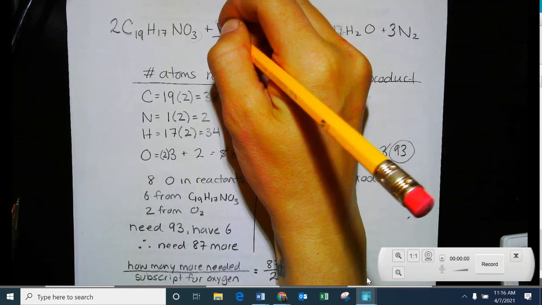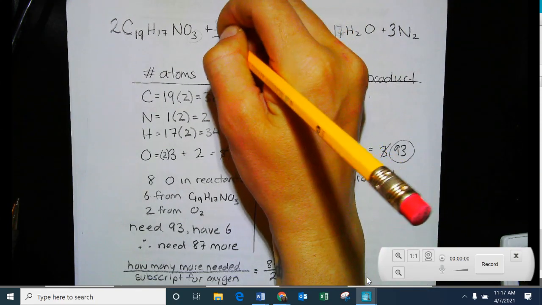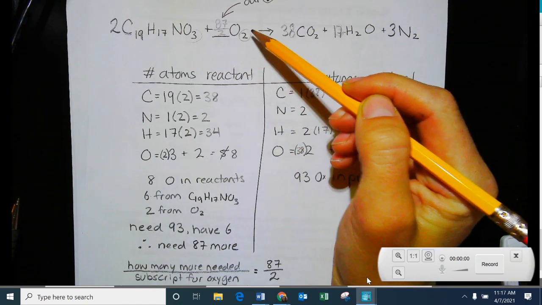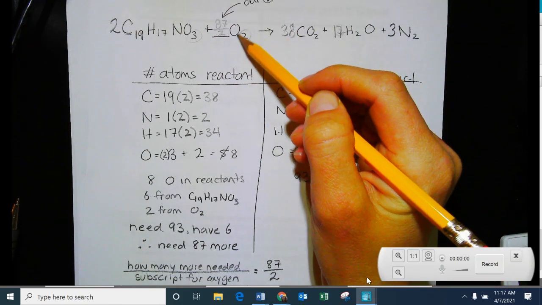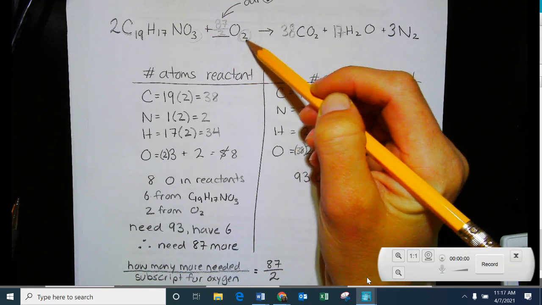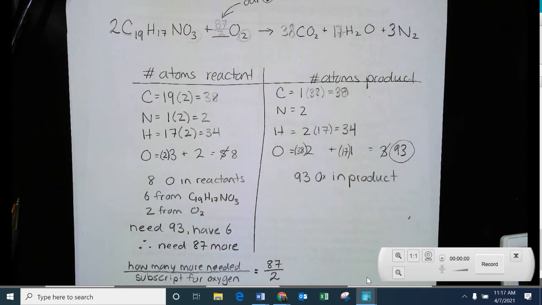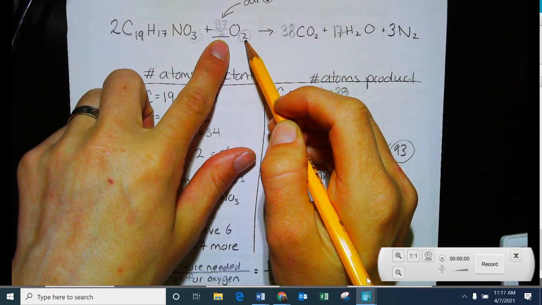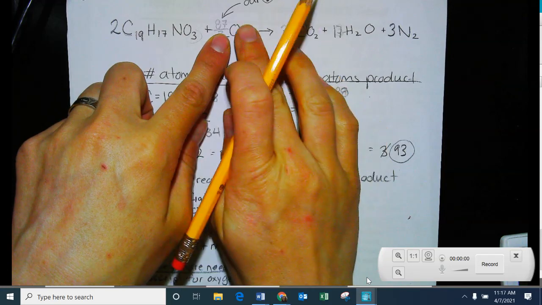And then as you can see, when we put that up here, 87 over 2, basically what that's doing is taking this 2 into account. And when we multiply this out, we're essentially canceling that number out. So like if this was a 1, this would be a 1 and it would just be 87.